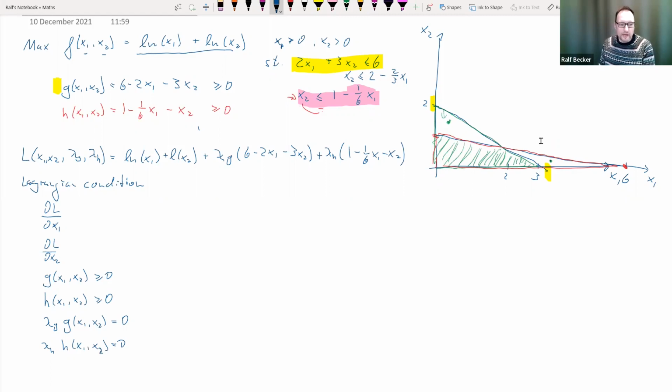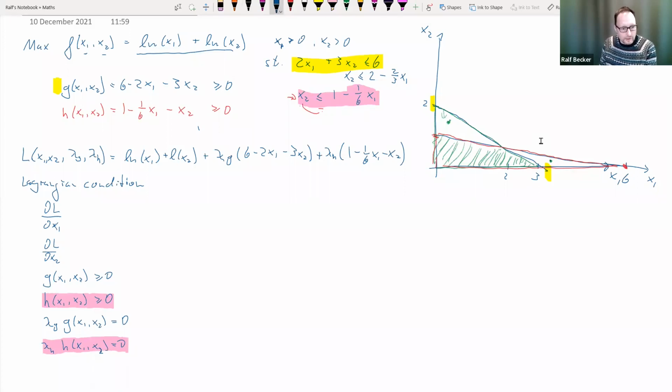Okay, so for every constraint, we added one constraint, that red constraint here. What we added was an additional constraint into our Lagrangian conditions and an additional complementary slackness condition.